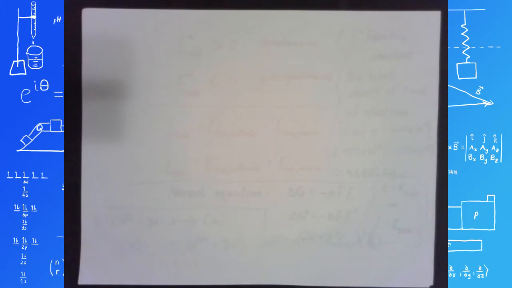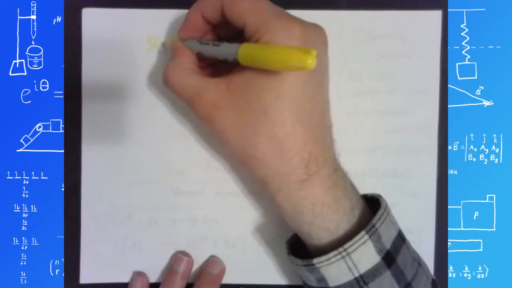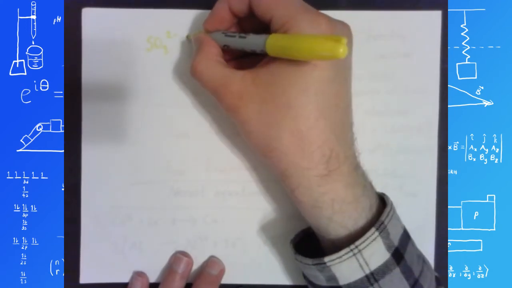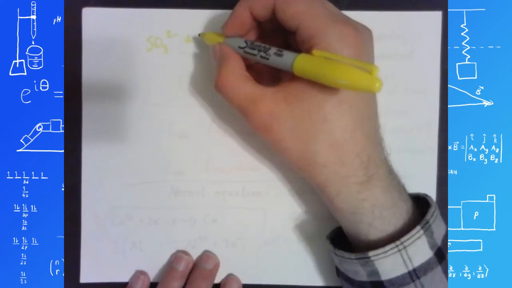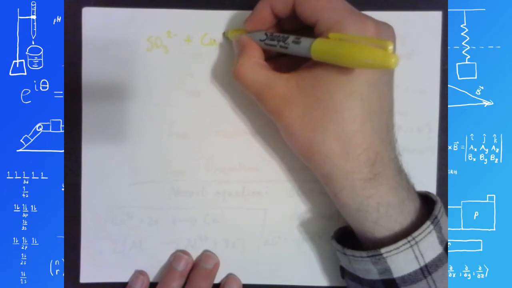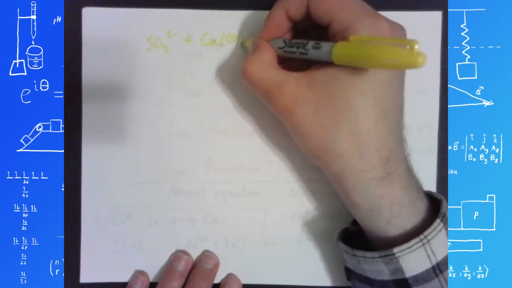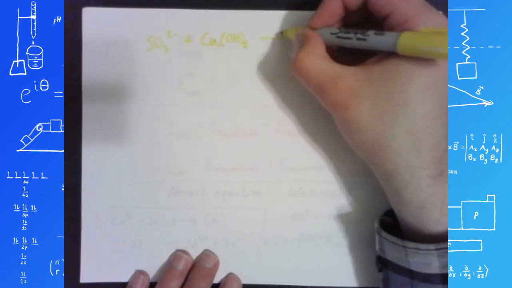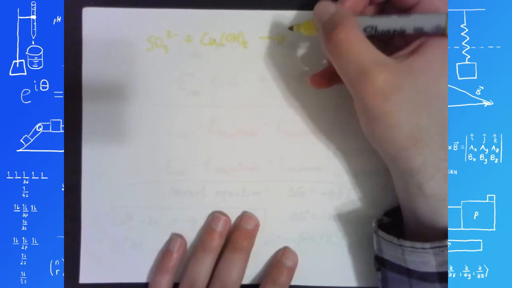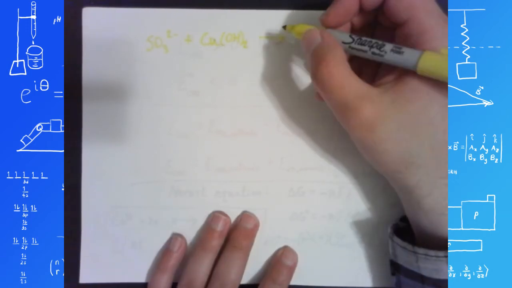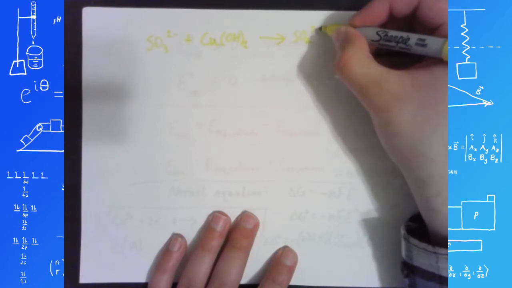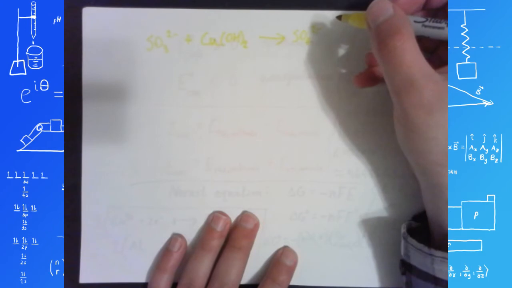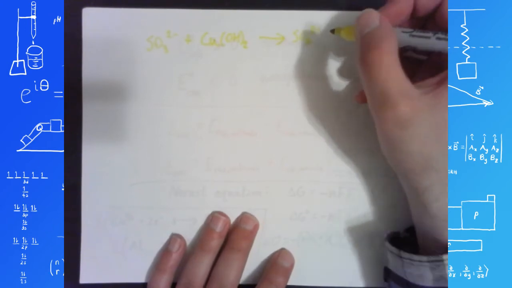So we've got the sulfite ion plus copper 2 hydroxide yields sulfate ion plus copper 1 hydroxide.